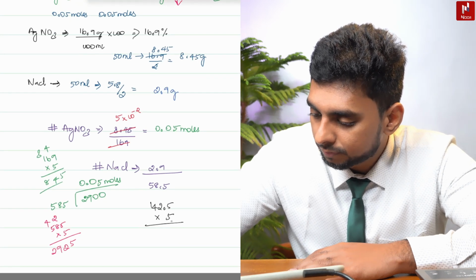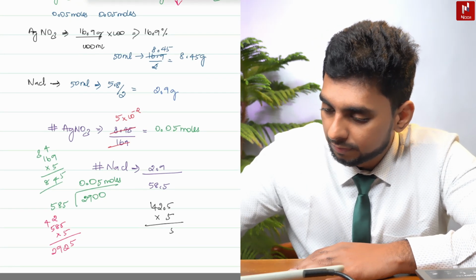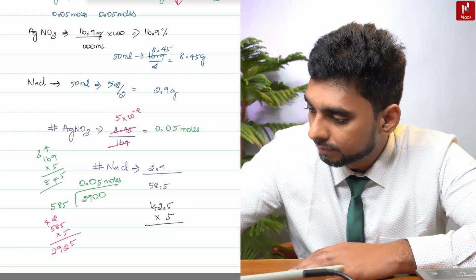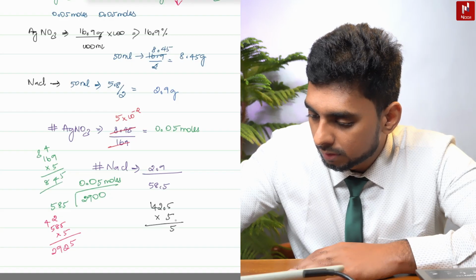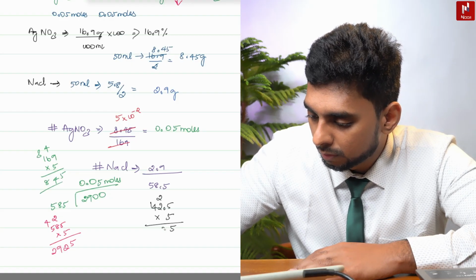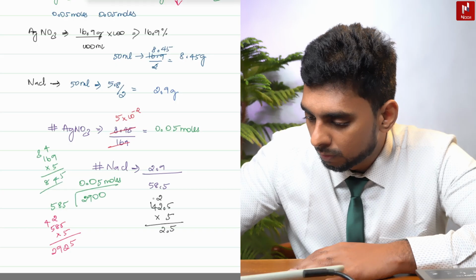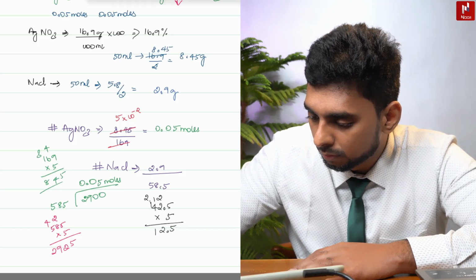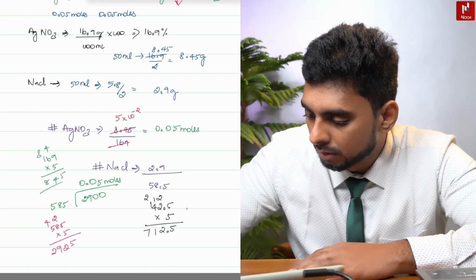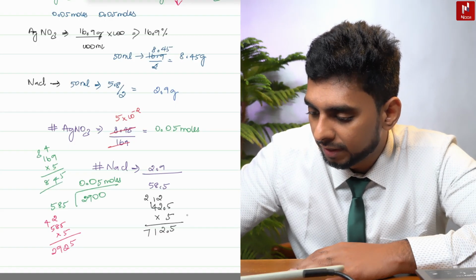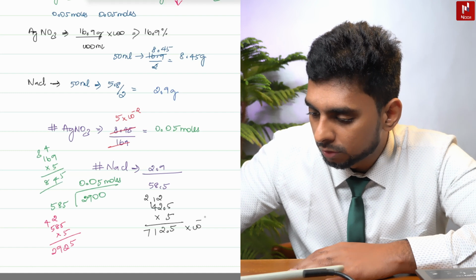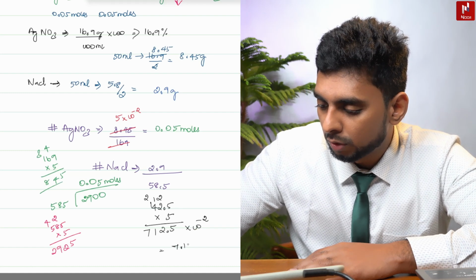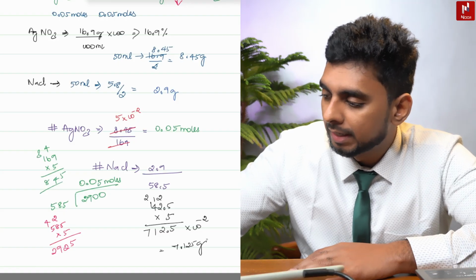So you will have 712.5 into 10 power minus 2, because I multiplied it with 0.05. So your answer will be 7.125 grams of AgCl will be formed.